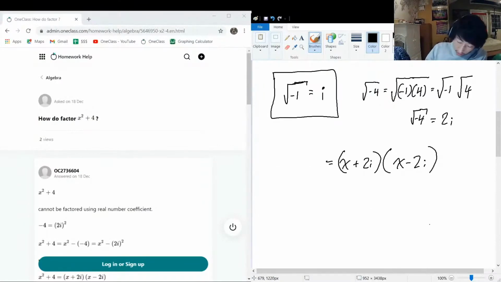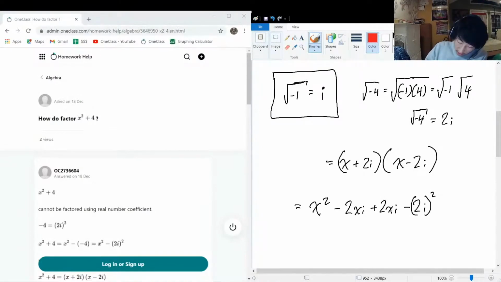Okay, so here to do the cross multiply, we'll have x squared minus 2xi, and then plus 2xi, and then minus 2i, and that's all squared.